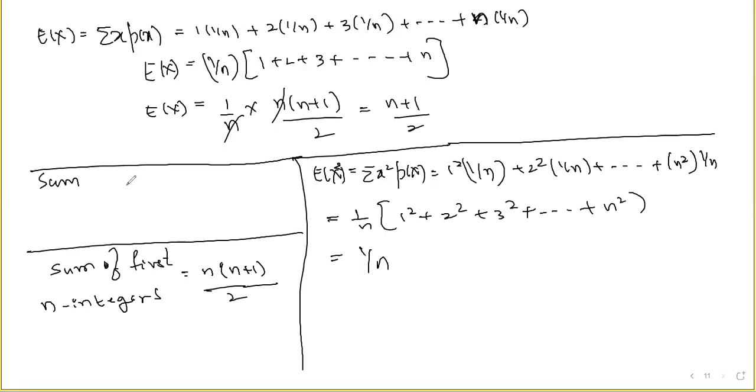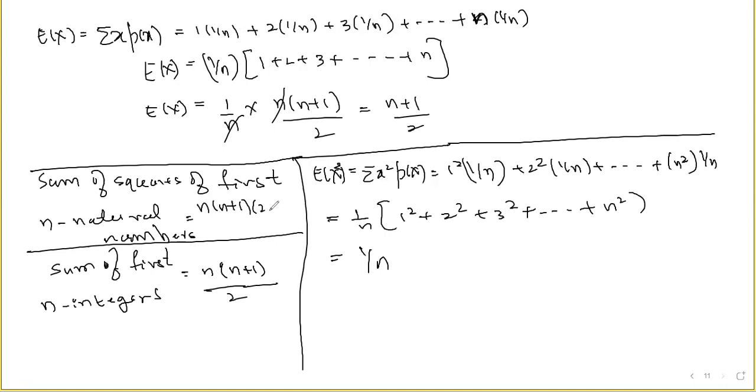Sum of squares of first n natural numbers. So here also not integers, it is natural numbers. This is equal to the standard formula: n into n plus 1 into 2n plus 1 by 6.